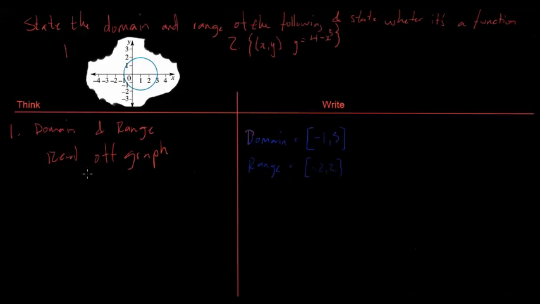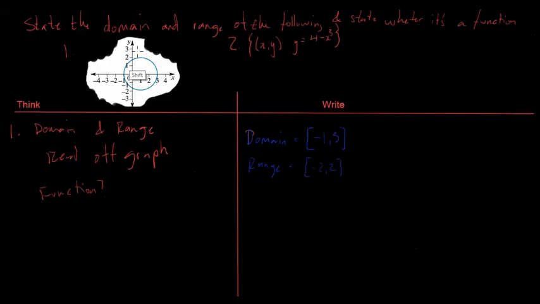The second thing we've got to think about is whether or not it's a function, right? So is this guy a function? What we can do to work that out is the vertical line test, right? We're thinking about whether, for each x value, there is more than one y value.